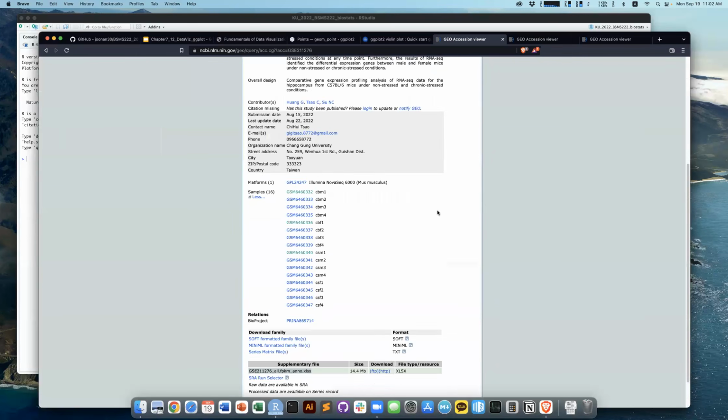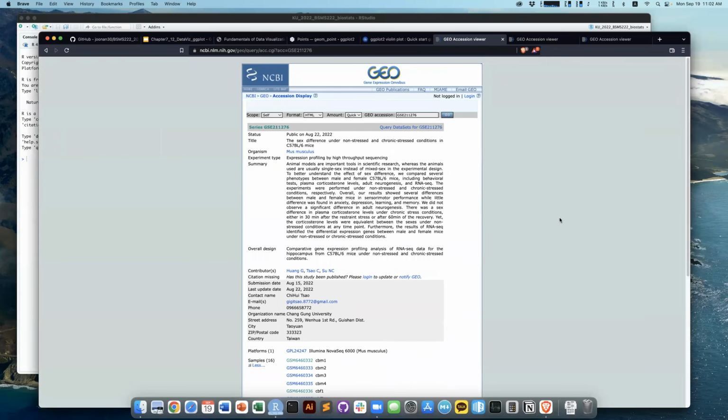This is a data set we found from the GEO database, and their description is that they're comparing mice, stressed mice versus non-stressed mice, right? So chronic stressed mice are the experimental group, and non-stressed mice are the wild type group, the controls, and they compare these conditions across the different sexes, right?